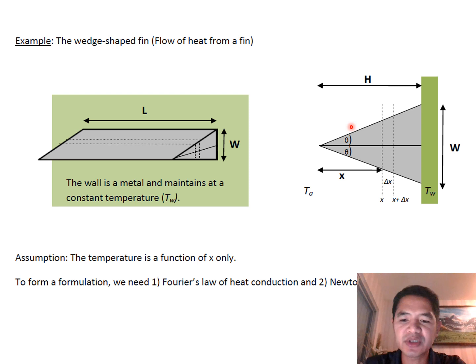That is Newton's law of cooling, and for the conduction it is Fourier's law. For those of you who have already learned transport phenomena or heat transfer, you should revise this chapter.